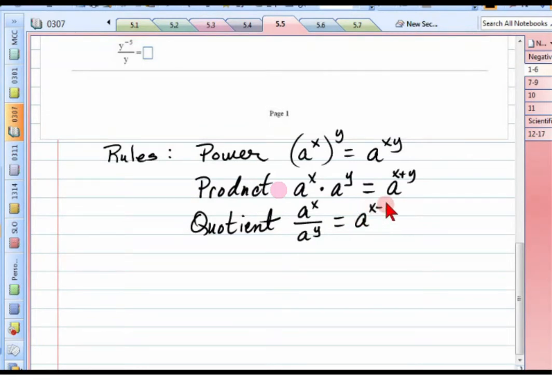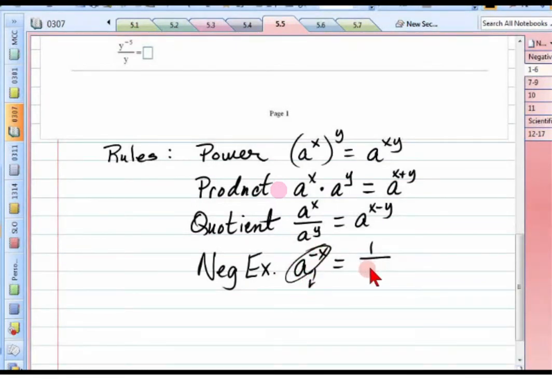Subtract them, x minus y. And finally, the negative exponent rule says if you have a to the negative x, what does that become? Move me down, 1 over a to the positive x.